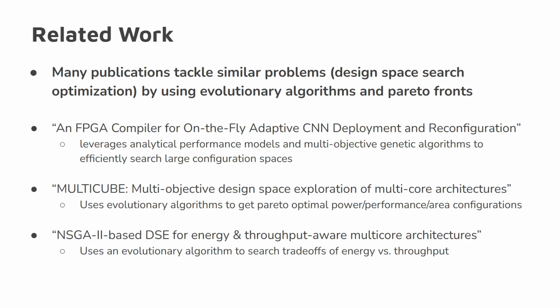And the last one is NSGA2 based DSE for energy and throughput aware multi-core architectures. This one again uses an evolutionary algorithm, NSGA2, to search trade-offs of energy versus throughput. So these last two are very similar, and also have similar goals and problems to what this project seeks to investigate.